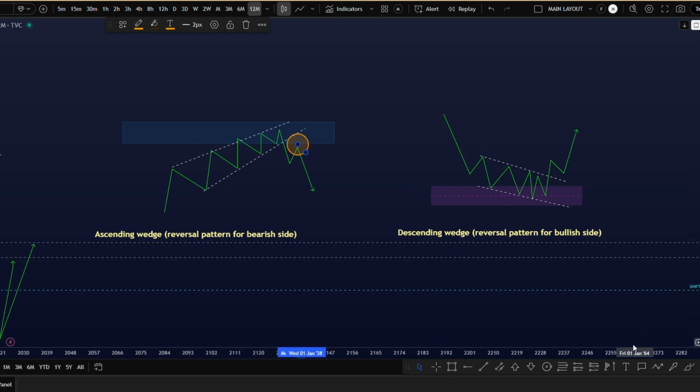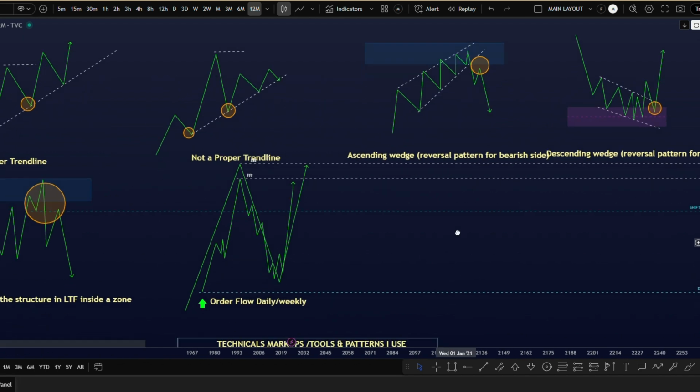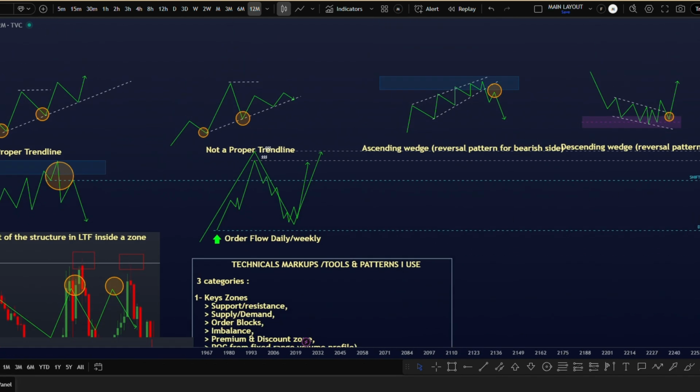So my entry will be in a lower time frame, somewhere here. It depends if price decides sometimes to retest at a lower price before continuing higher. So that's it for the patterns and tools I use.